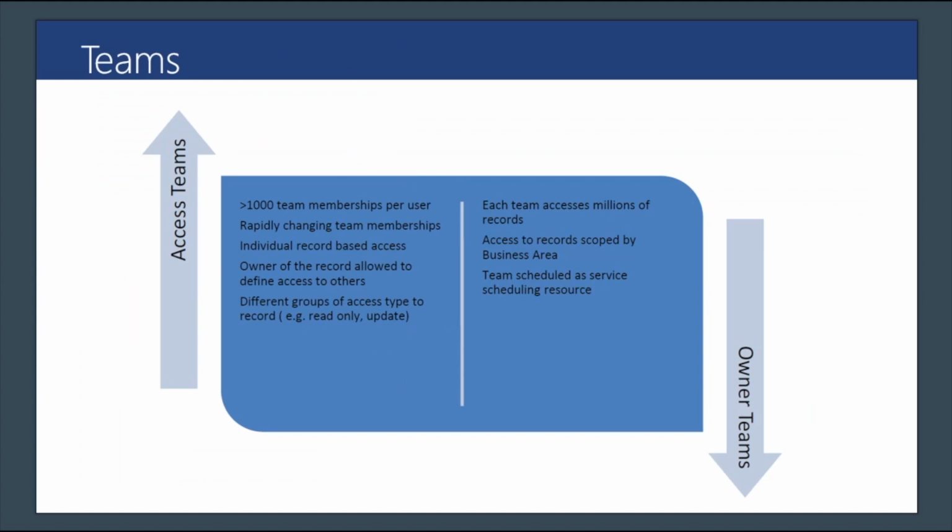Access teams are good for large numbers of team memberships per user, or if you have rapidly changing teams. It's also good when the owner of the record is able to define access for others in the system. So if we use our case management example, the owner of the case is the one that has the ability to define the access team members that should also have access to that case.